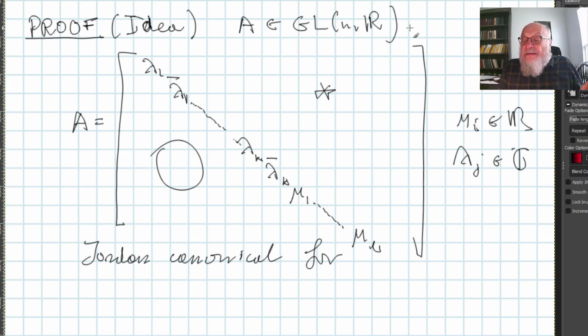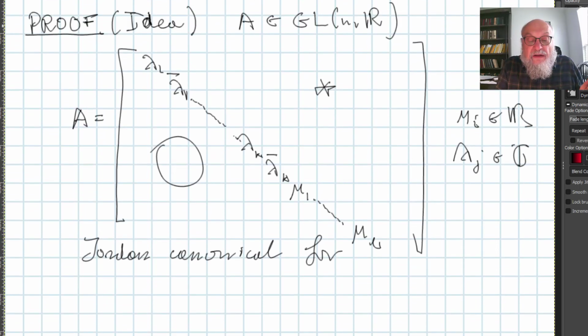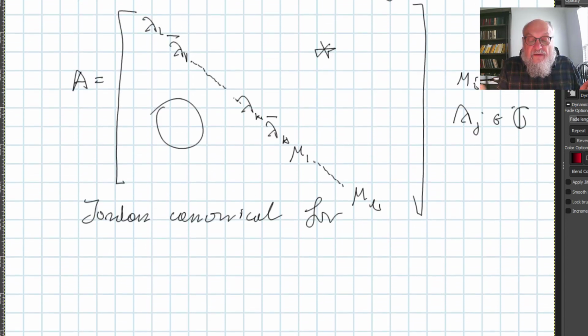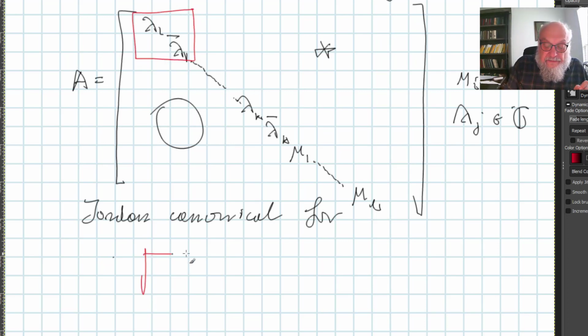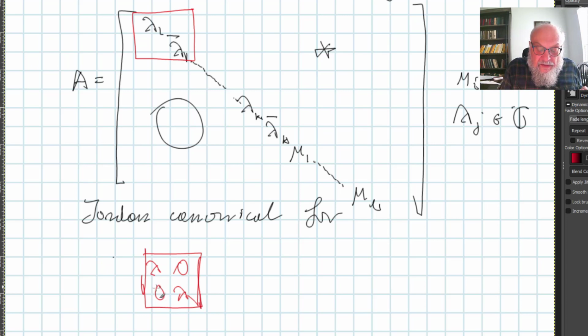So now let me look at that one. You should understand that you can still return. So in this case, if you have, for example, any of those little blocks, put it like this. This is lambda, lambda bar. So let's start with just simply this case, nothing else. This particular matrix, if it is literally like this, A plus iB, will correspond.